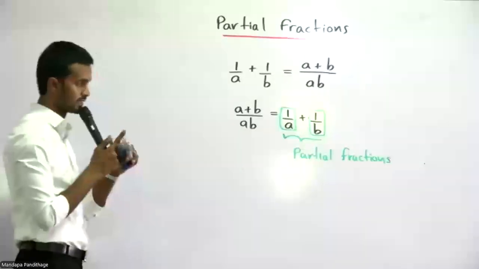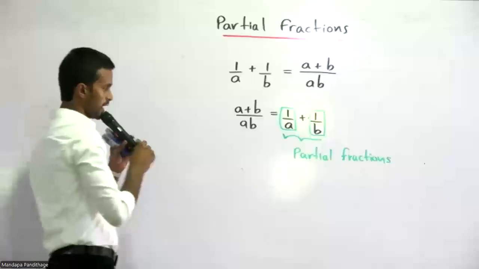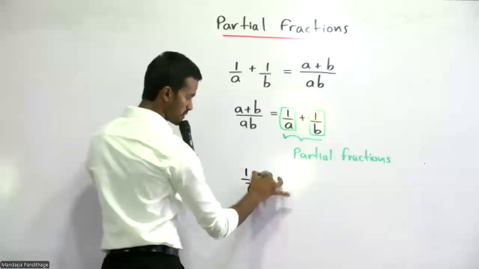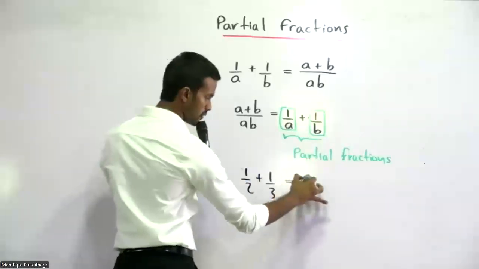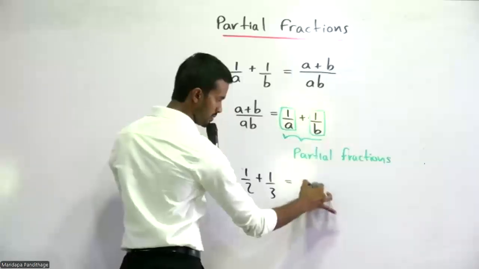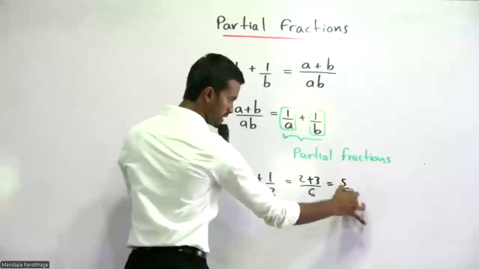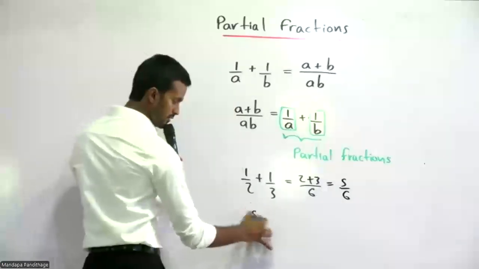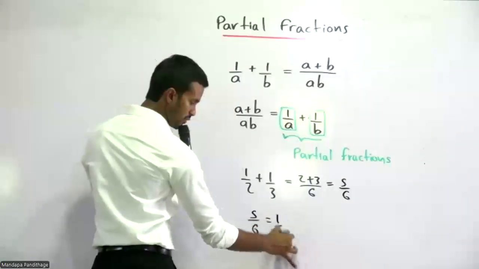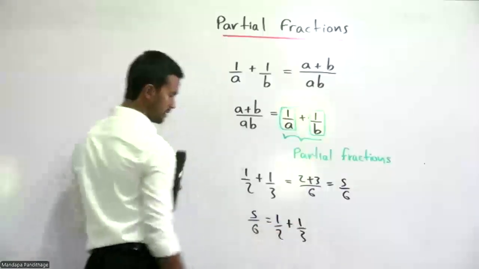If I consider a numerical value, I know that 1 over 2 plus 1 over 3, if you take 6 as the common denominator, is 2 plus 3, which gives you 5 over 6. Which means 5 over 6 is equal to 1 over 2 plus 1 over 3.